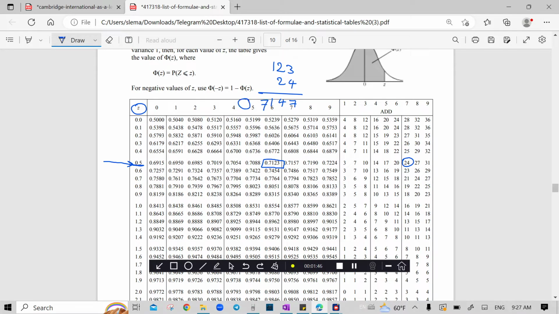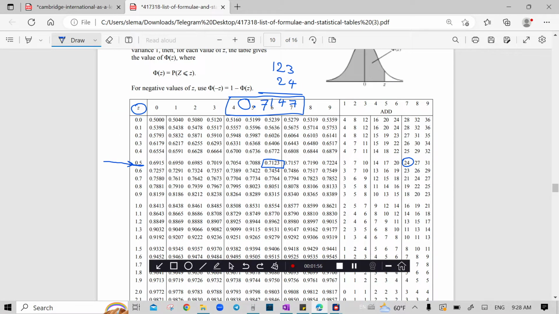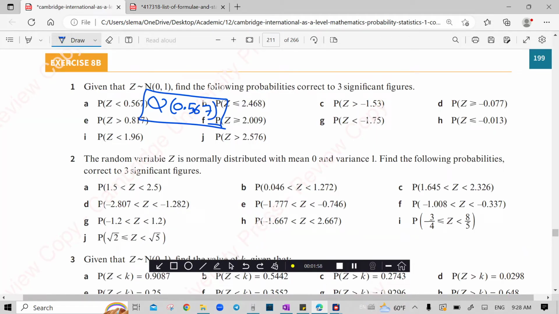So this is the probability. The answer of phi of 0.567 is 0.7147.